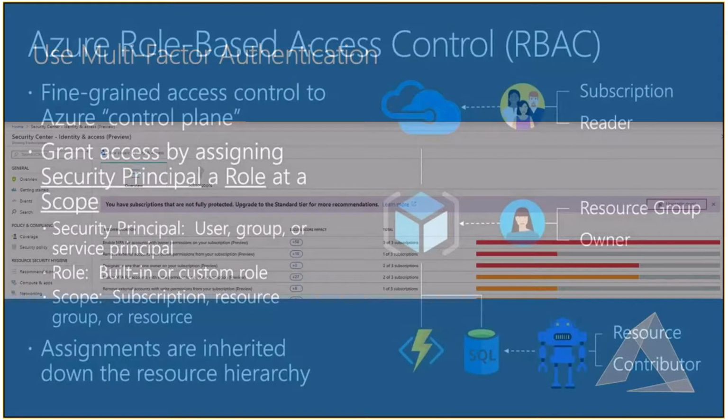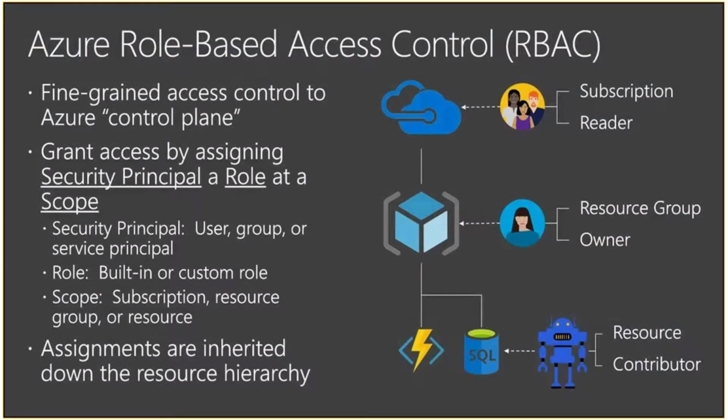All right. So the next best practice that Contoso wants to follow is to enable role-based access control in Azure. In Azure, you have this fine-grained access control where you can grant access by assigning a specific role to a user or a group. It could be done at the subscription level, or at the resource group level.